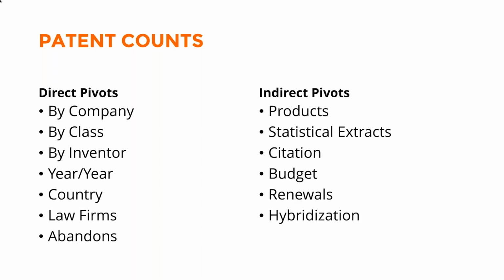Looking at citation generally, one may think it's a direct pivot, but there's enough nuance to it to make you have to sort whether a citation came out of an IDS or it came out of an examiner, and did it have any effect on the patent prosecution itself? Was there a 101, 102, 103 as a result of that citation? Budget is an indirect thing because you have to have an estimate of what a law firm may charge for a patent, that you can then go back to the counts of the patents and make some budget estimations.